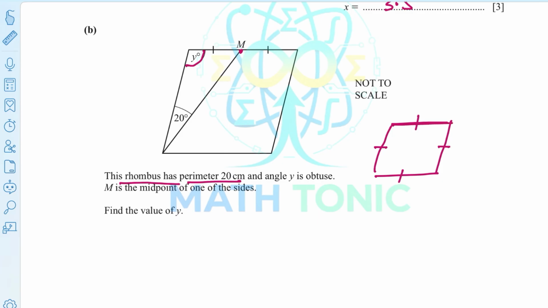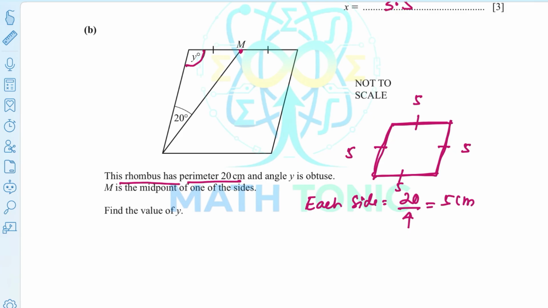That means all sides add up to 20. So each side of the rhombus will be 20 divided by 4, which is 5 centimeter. That means this is 5, this is 5, this is 5, and this is 5.